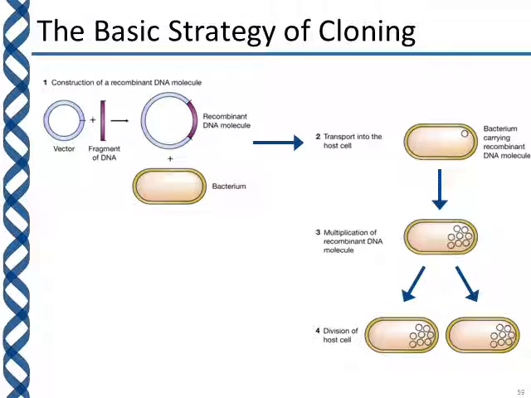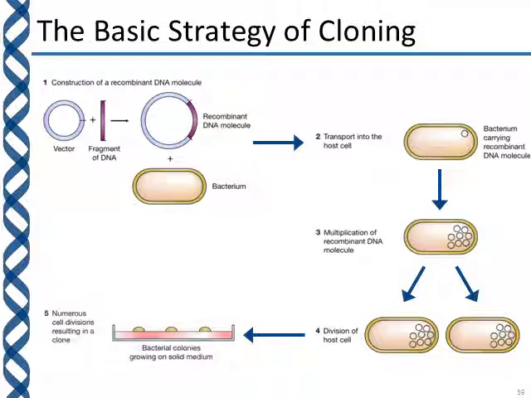And as the host cell divides, you have the increasing number and multiplication of the recombinant DNA molecules within the bacteria. These bacteria can be then grown on plates so that you'll have bacterial colonies that are grown on solid media. And numerous cell divisions results in the formation of a clone.